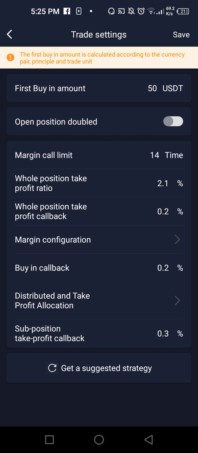I'm expecting it to go up. It has gotten to 2.1, get ready. But if it goes down below 2.1 by 0.2%, take profit. So that is when the bot will actually activate the profit. All right, so let's get that.